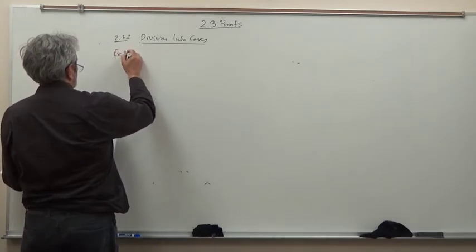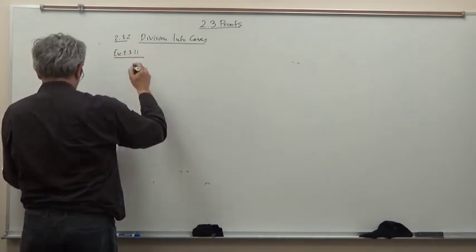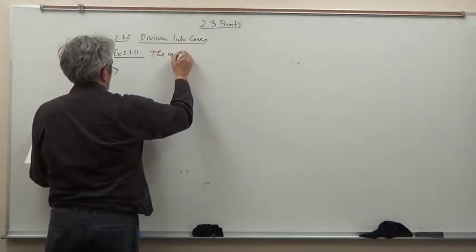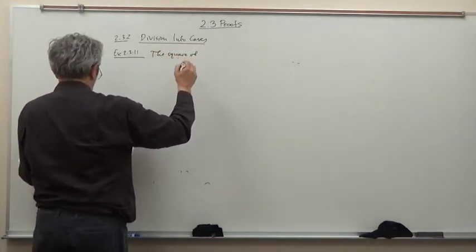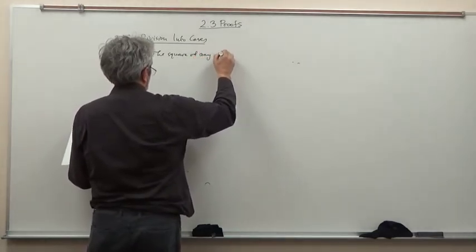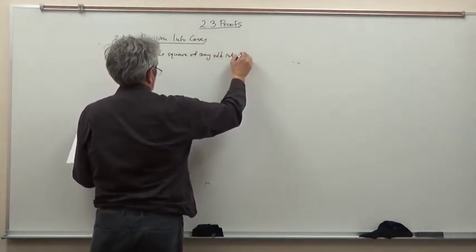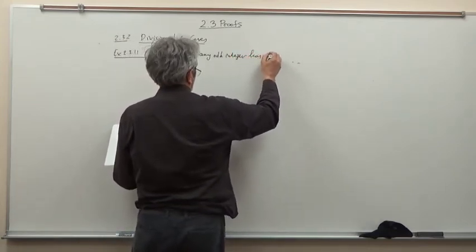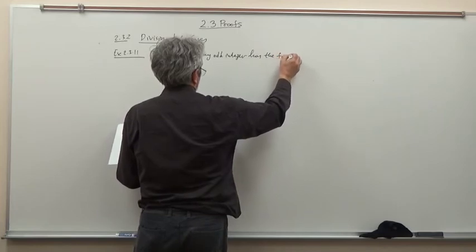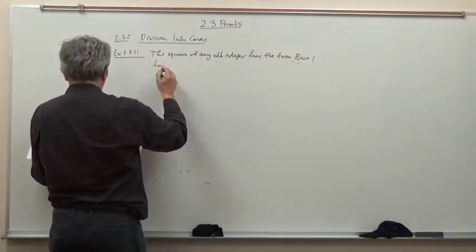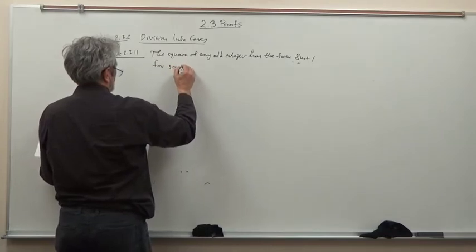That is example 2.3.11. It says the square of any odd integer has the form 8m plus 1 for some integer m.